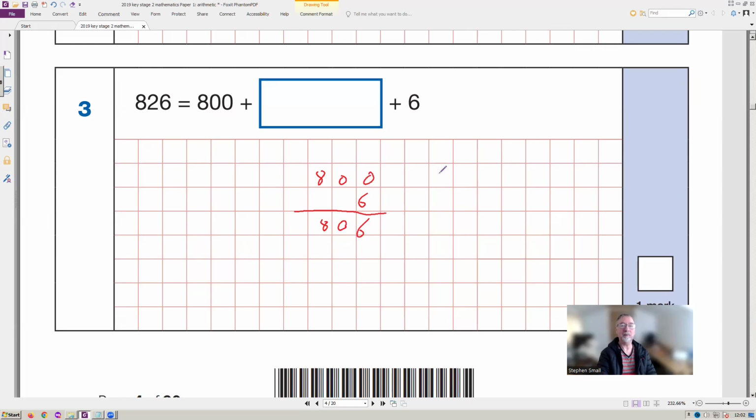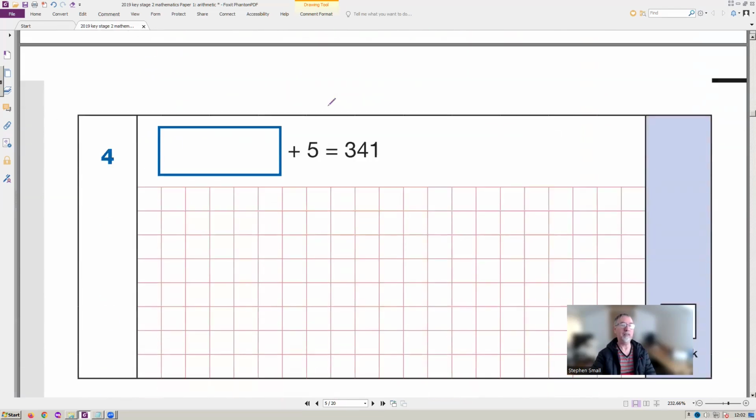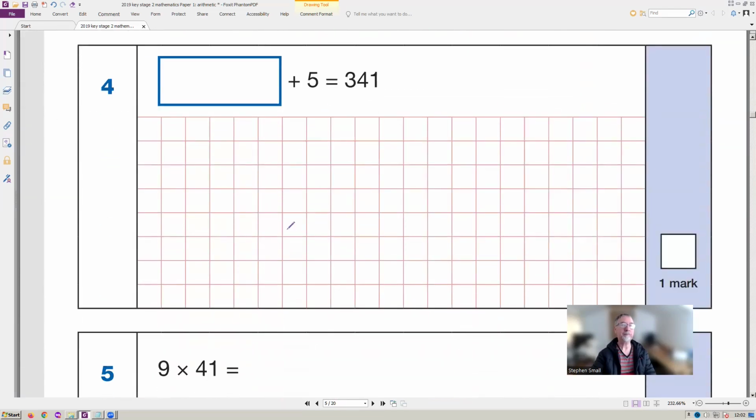And then what I'm going to do is I'm going to go 826, because it's the difference between them, and take away the 800. 826, take away the 806. Yes, that's right. And then 6 from 6 is 0. 0 from 2 is 2. There's our answer. 8 from 8 is going to be 0. So clearly it's 20 goes in there. I hope I can do this in 30 minutes if I'm going through it as formally as this. But we'll see how it goes.